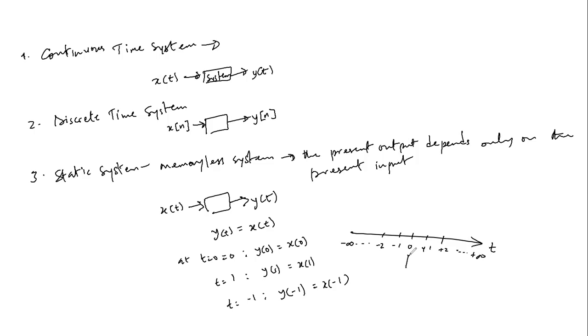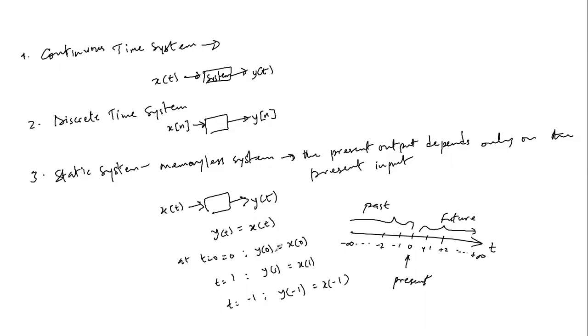From this scale, at point 0, we have the present time. From 0 to infinity, we have the future, and from 0 to negative infinity, we have the past.